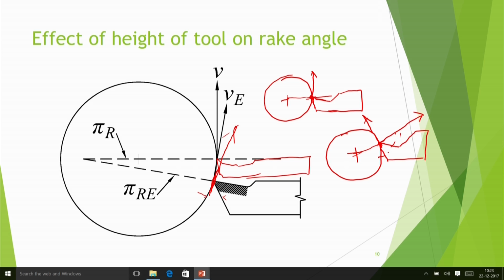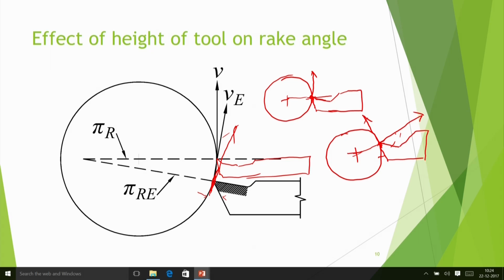So you understand that the measurement system is usually based on the reference plane. In most cases, of course, we keep the tool horizontal and at the center. Therefore, your cutting velocity is exactly vertical, because at the center the velocity vector is vertical, it is not inclined this way or that way.